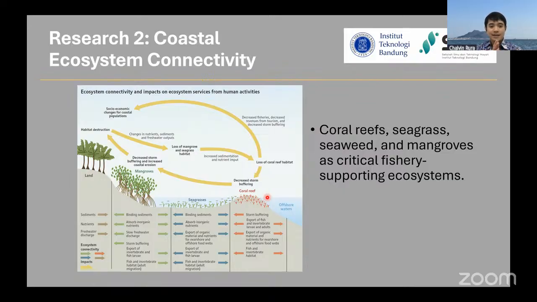As we know, climate change is driven by the increase of carbon dioxide in the atmosphere. But ecosystems like the mangroves, the seagrass, and the coral reef can take the carbon dioxide from the atmosphere, transfer it into the water, and fixate it into organic carbon through photosynthesis.